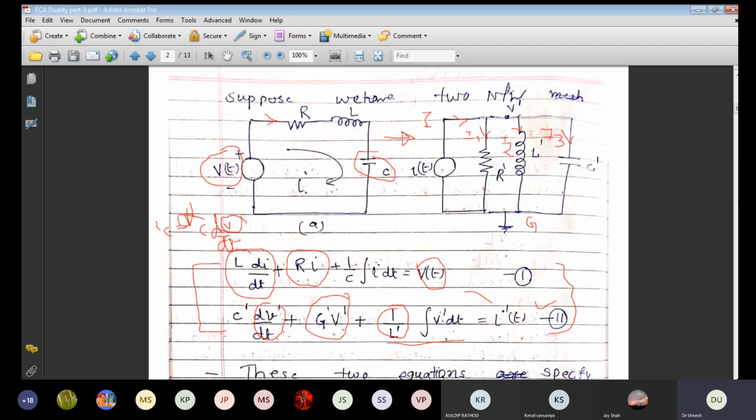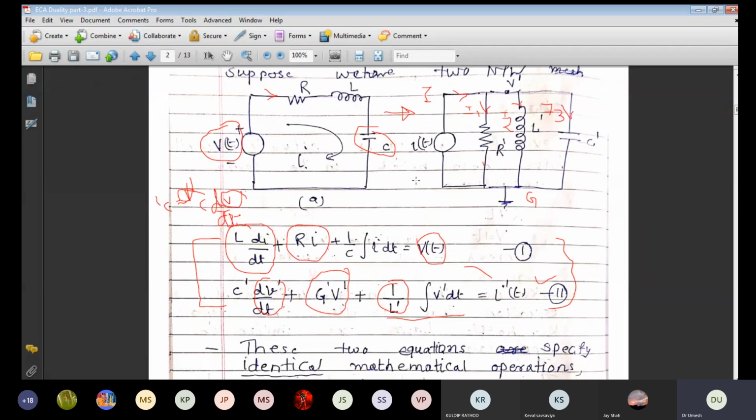Here also you can calculate V dash across R. So these both are the same. That means if we change the circuit configuration, the response remains the same. That means both are dual networks, but the parameters are different.